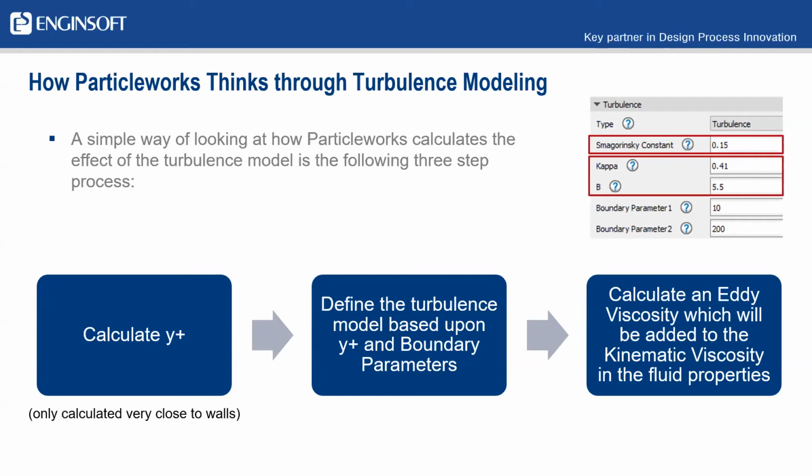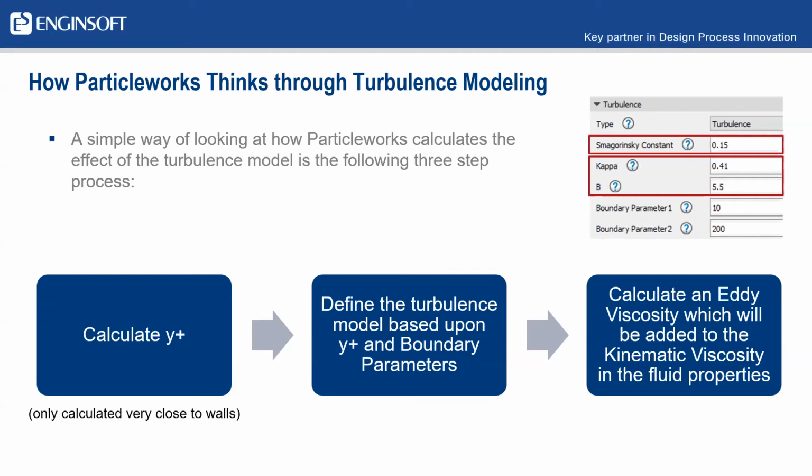And so you start out calculating that y plus. You define the turbulence model based upon the y plus, and the boundary parameters are what determine what region you're going to be in. And finally, you calculate the eddy viscosity using some equations which aren't listed here.